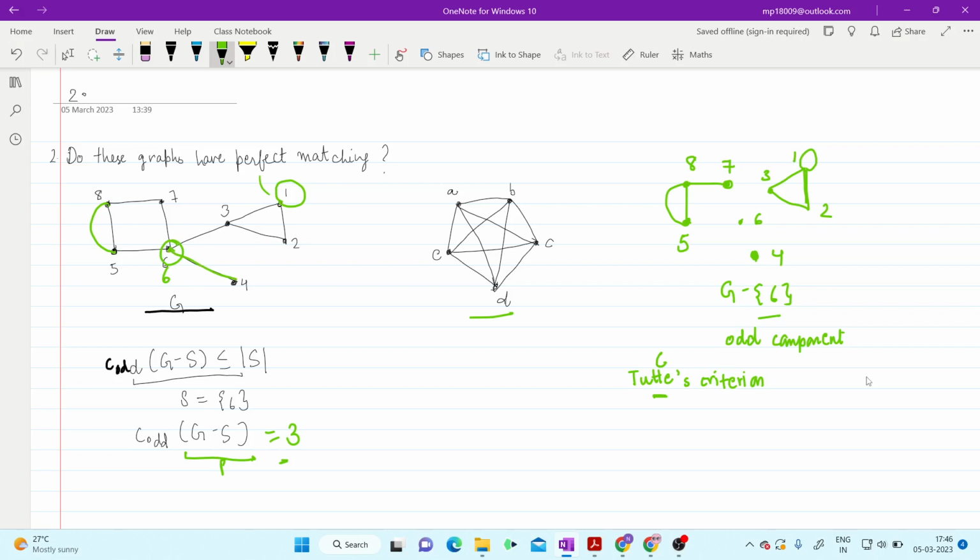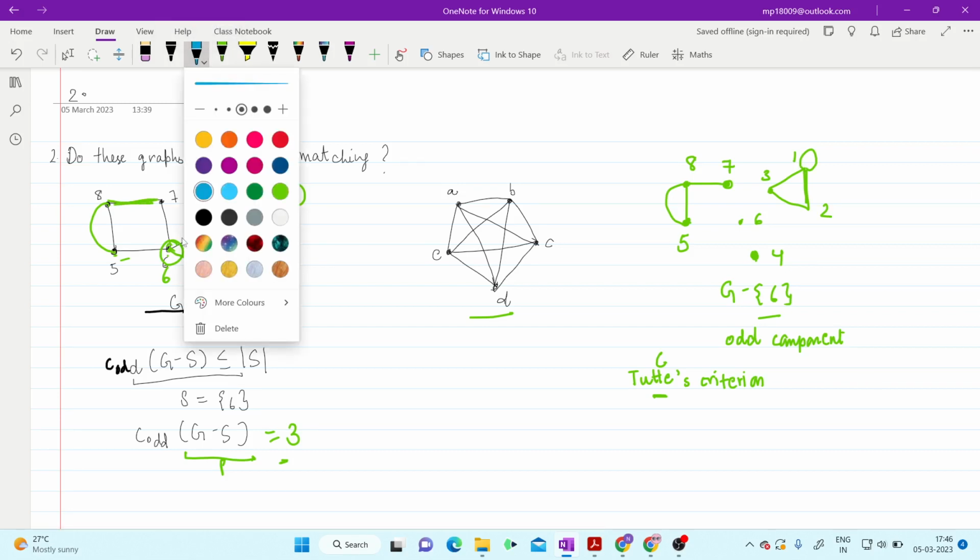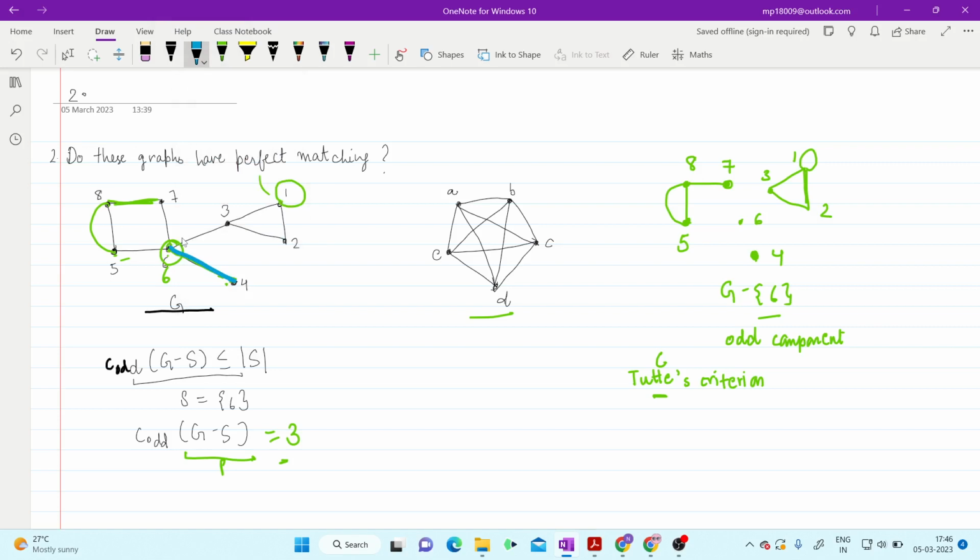Now if 6 4 is there, then 5 6 and 7 6 cannot be there, so the next edge in the perfect matching would have to be 7 8, right? This should be there for sure, and 7 8 should be there also.